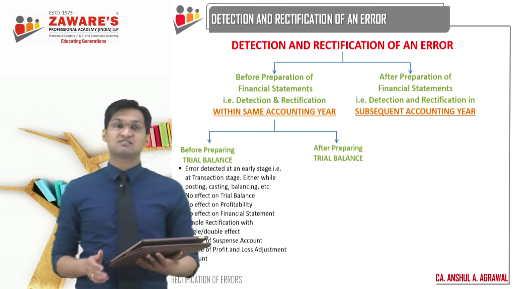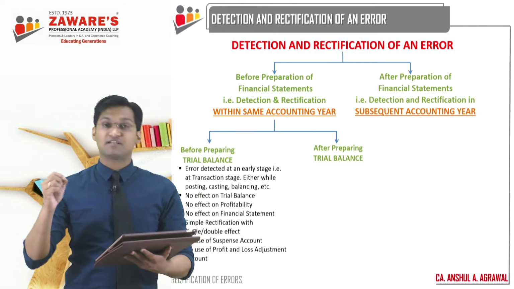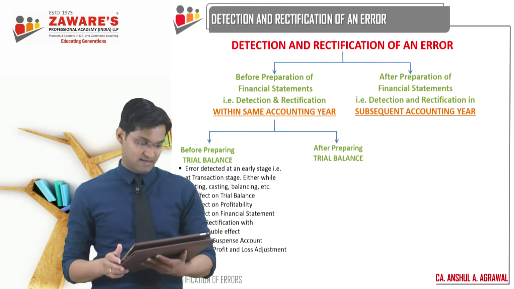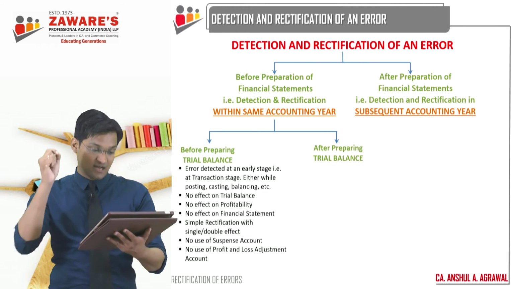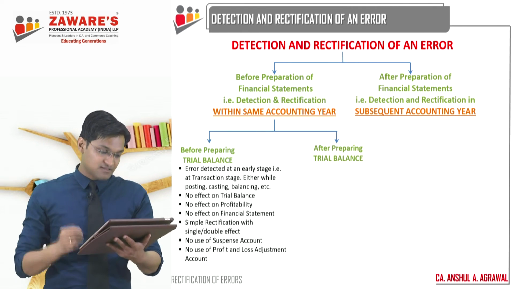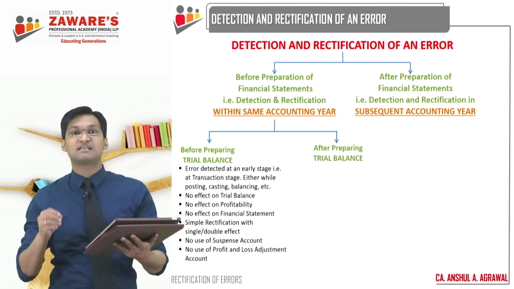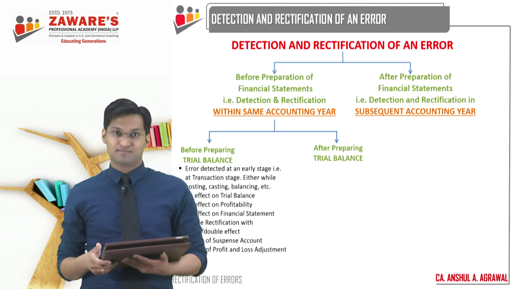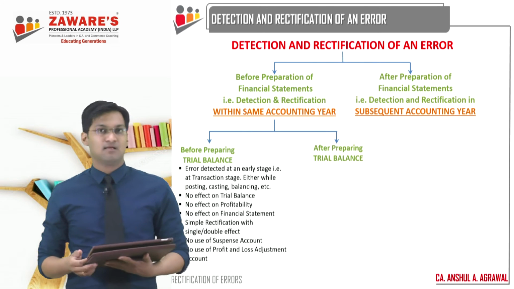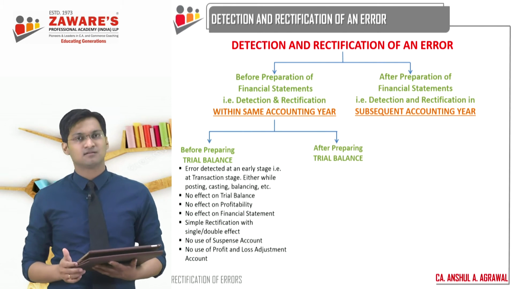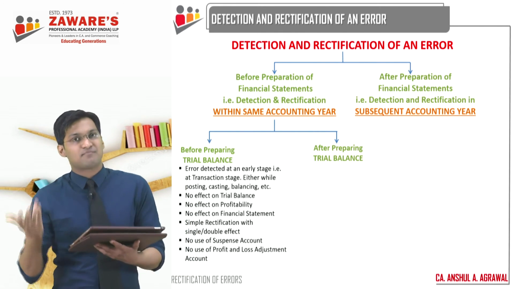Let's see the first case, where it's detected before preparation of the trial balance. The error is detected at an early stage, that is at the transaction stage itself, either while posting, casting, balancing, etc. It's a very early detection stage, please understand. The transaction has been recorded, but we haven't prepared the trial balance.